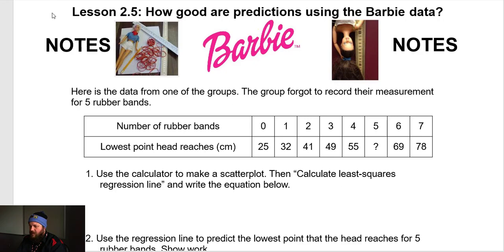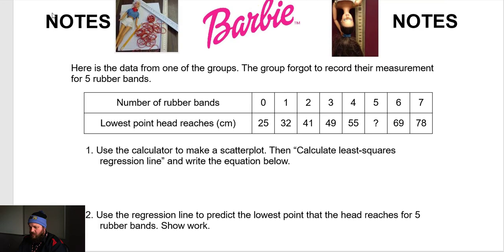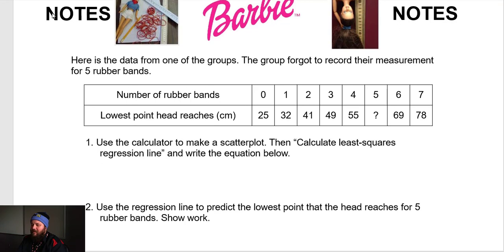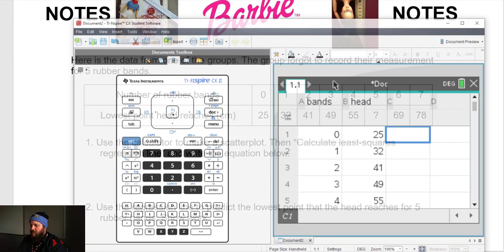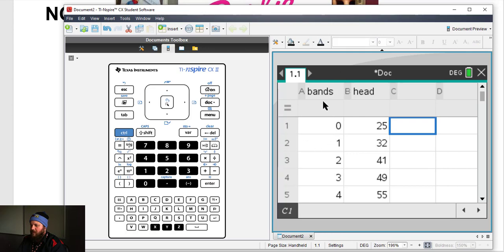With this, the first one wants us to make a scatter plot and then calculate the least squares regression line. So, first off, let's make a scatter plot. In the calculator, I already put these values in there for the bands.